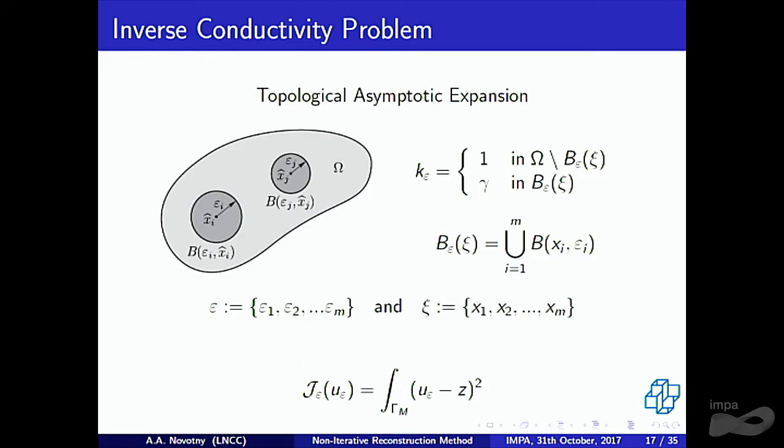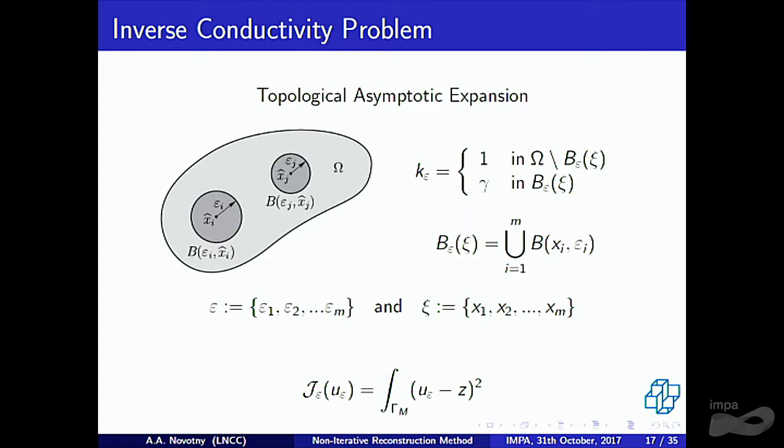And then in this setting, the idea now is to perturb the problem by introducing a number of ball-shaped anomalies, for example. So we have a number n of trial balls, let me say like that, with center at some arbitrary point xi and radius epsilon i. So we introduce a piecewise constant coefficient in this way, where it's equal to gamma in the balls and 1 on the complement.